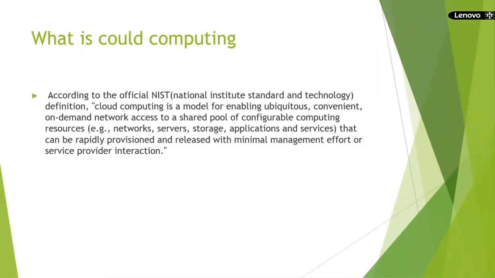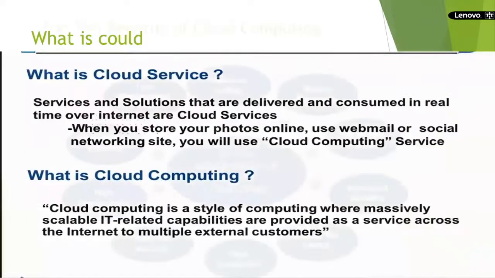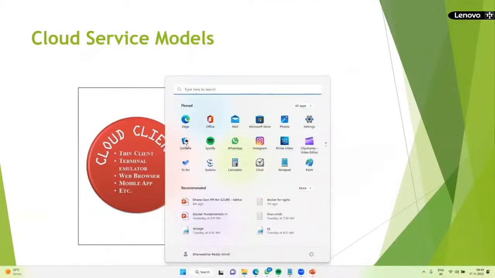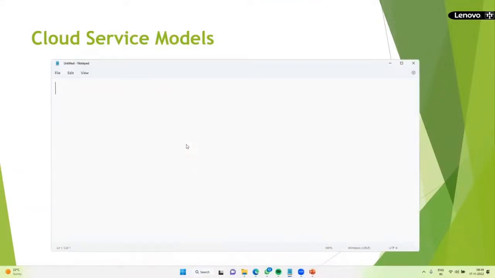Next, in the cloud we have three types of services, guys: IaaS, PaaS, and SaaS. Based on your business requirement, you can choose which cloud service model is required. IaaS means infrastructure as a service.